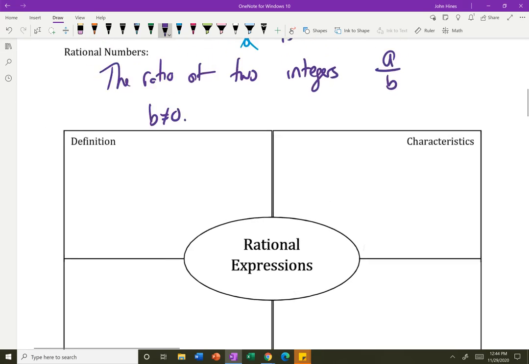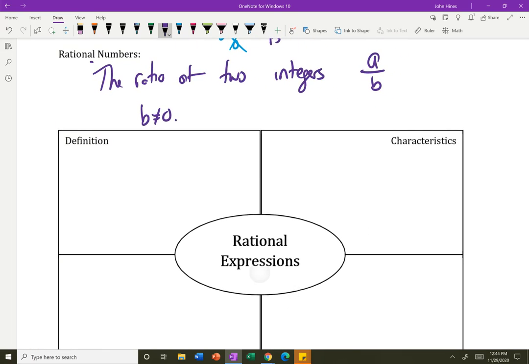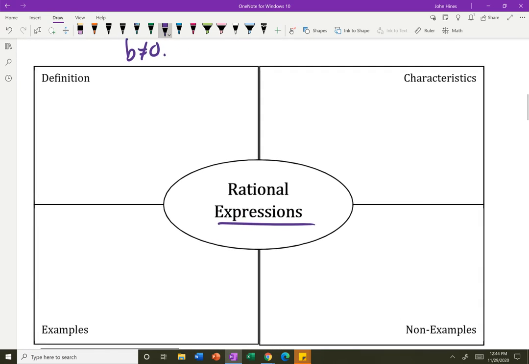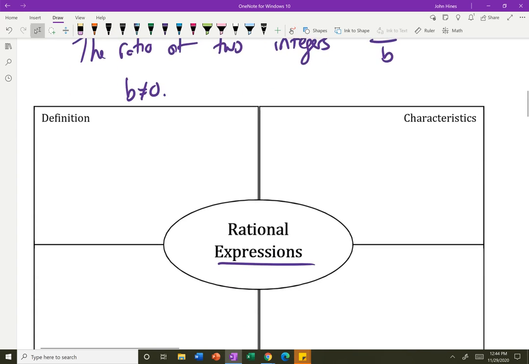So let's talk about rational expressions. We dealt with rational numbers all the way since 6th grade, or 5th grade even. Now let's talk about rational expressions, which are the Algebra 2 version of those rational numbers. A rational expression is a ratio, a fraction of two polynomials. So we're taking our polynomial functions from earlier.